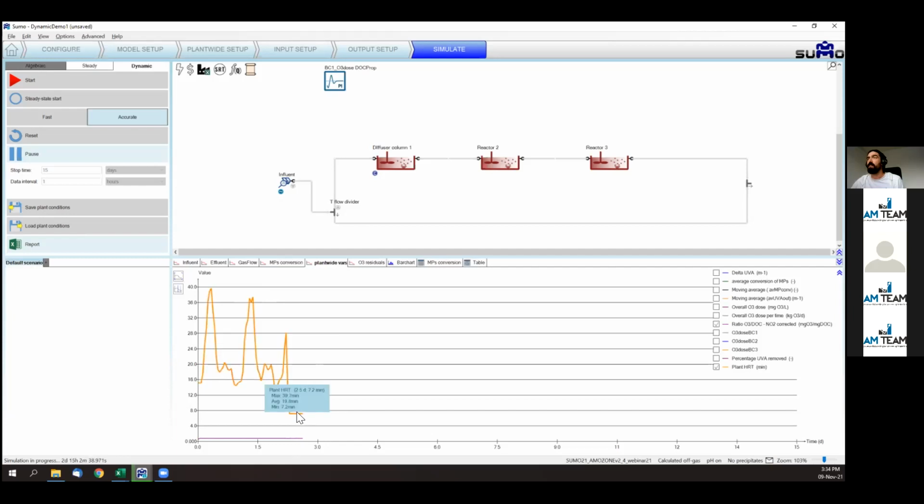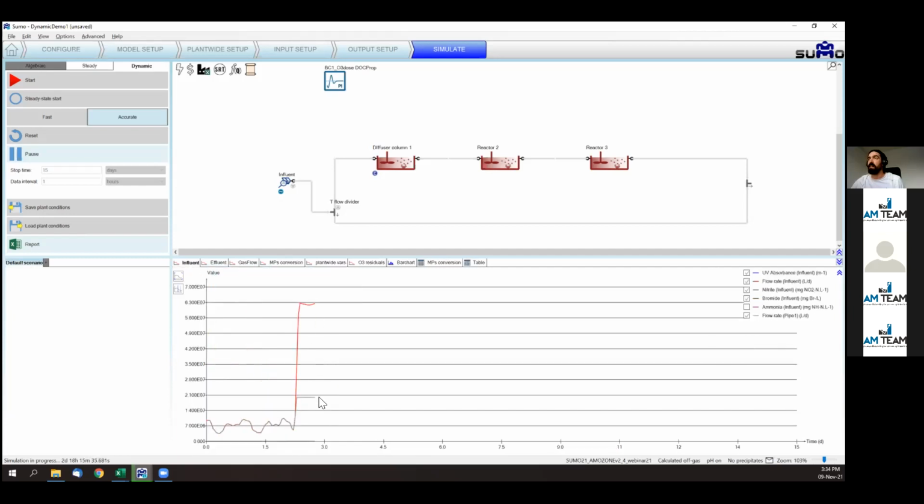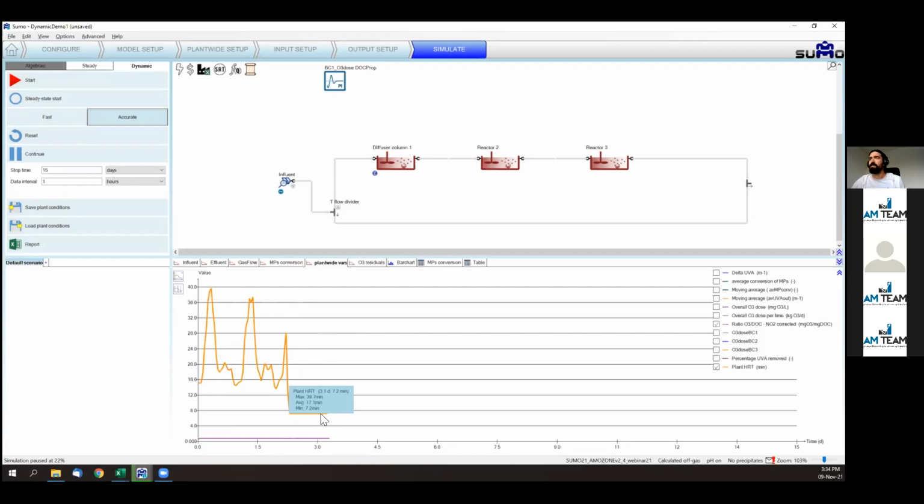And now the rain event is hitting our installation. So a maximum of 2000 cubes is passing through the plant. So what if at this point we decide, okay, we have some room with HRT, but what about reducing the installation?